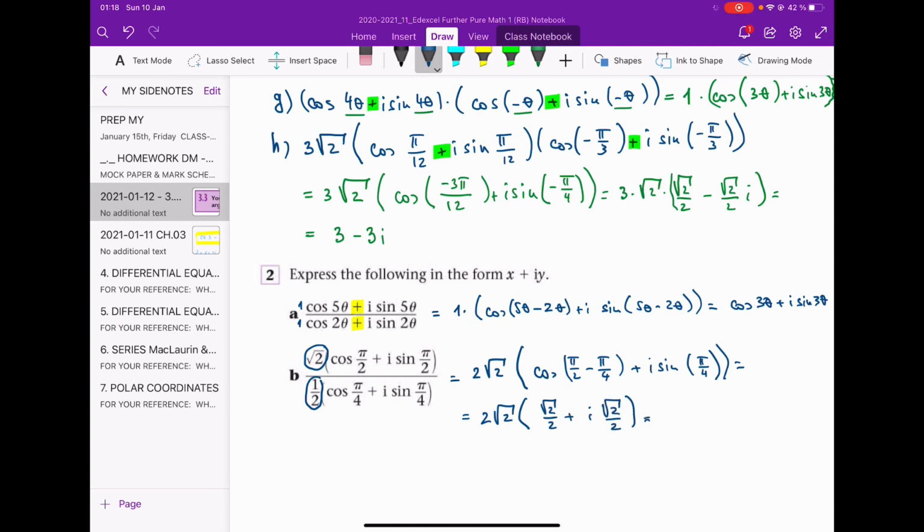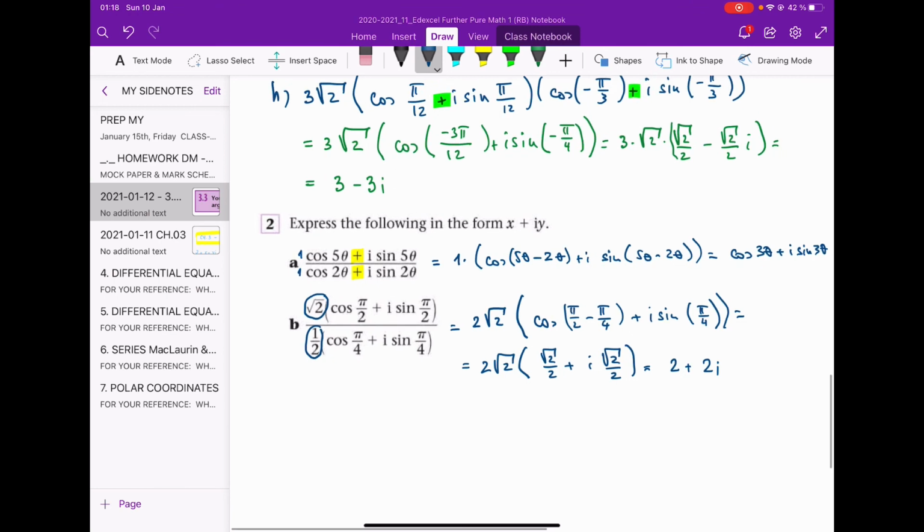And when you simplify it, then you will get 2 plus 2i. Okay, and good. So this would be it for this section. I'm going to stop the video now and look at the OneNote later, which exercises you need to practice. Okay.